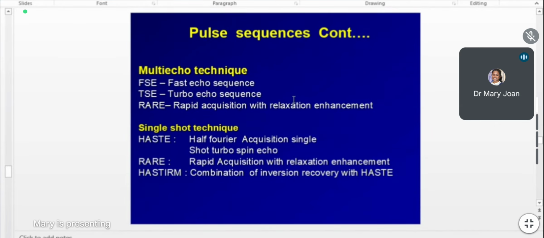So these are all techniques where, when we need to study one particular feature, we manipulate our RF signal, our magnetic field, the second pulse which we apply, depending on what we need to study and what information we need to differentiate in the tissues. But the basic thing which is happening is all the same. That remains the same. We are not changing the patient. We are not changing the machine. So what are we changing?